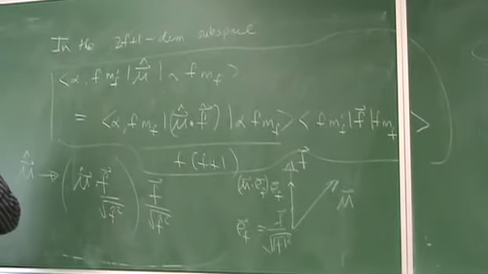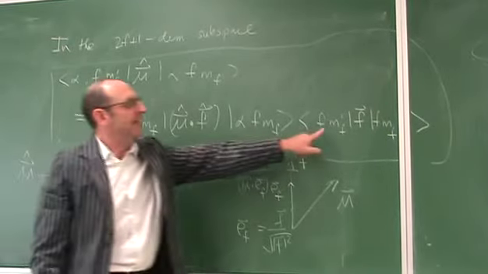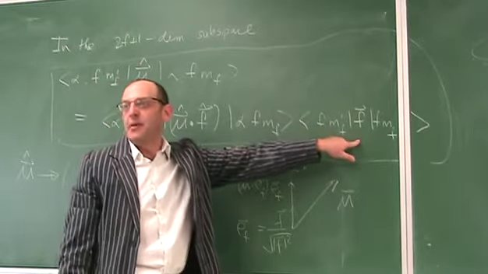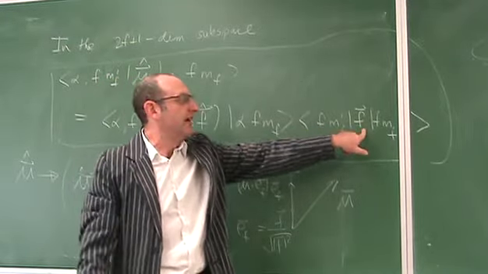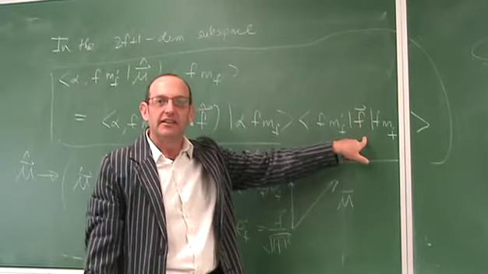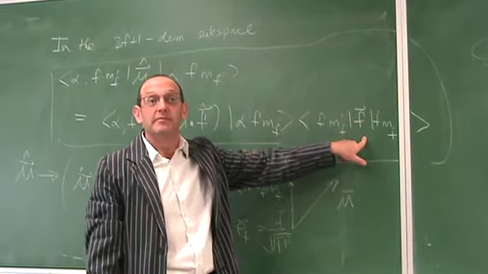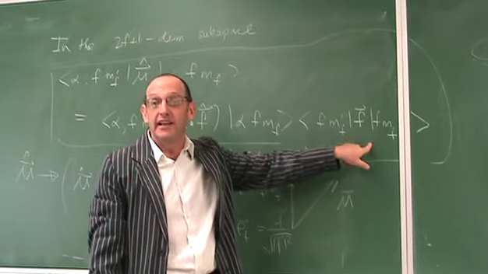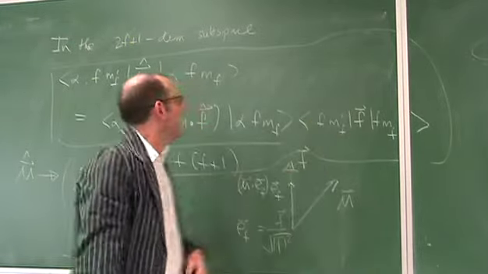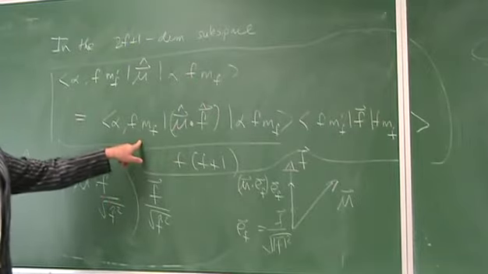Why? Well, these guys are the matrix elements of that momentum. We know what they are. If this was along the z direction, this would be m sub f, right? Because this is an eigenstate, and if it was x, it would raise or lower. What about this part?